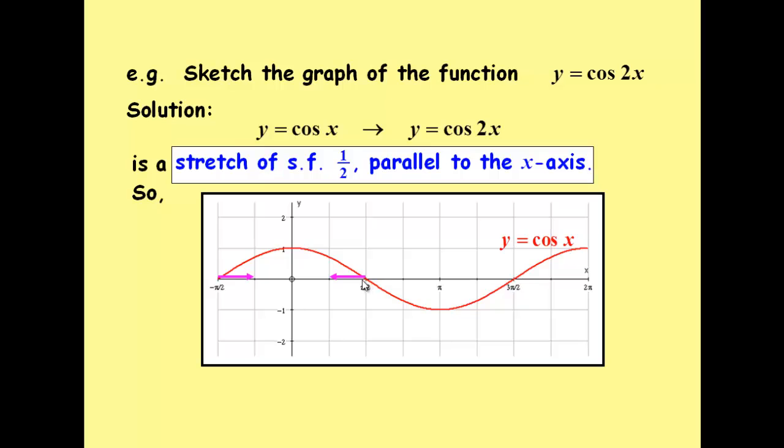So for any given x value becomes half, and the graph looks like that. We can see here that, for example, this minimum point at pi is now at 1/2 pi. This point here has moved to here. So the distance from the y-axis is halved.